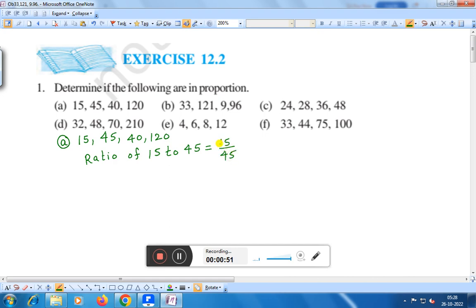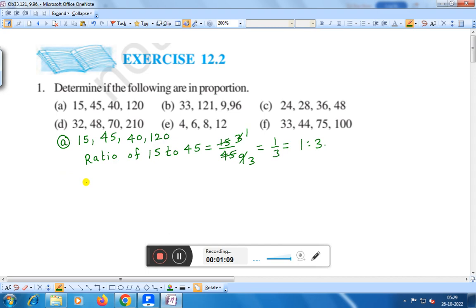If we change it into the lowest term, 5 threes are 15 and 5 nines are 45, that is 1 by 3, that is equal to 1 is to 3, right?